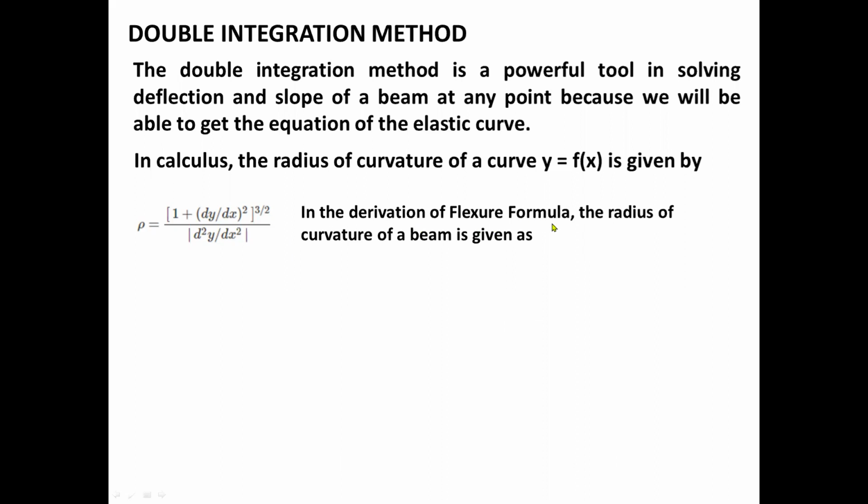In the derivation of the flexure formula, the radius of curvature of a beam is given as rho = EI/M. E stands for the modulus of elasticity, I as inertia, and M as the moment. Yung rho ay ang symbol ng ating radius of curvature.